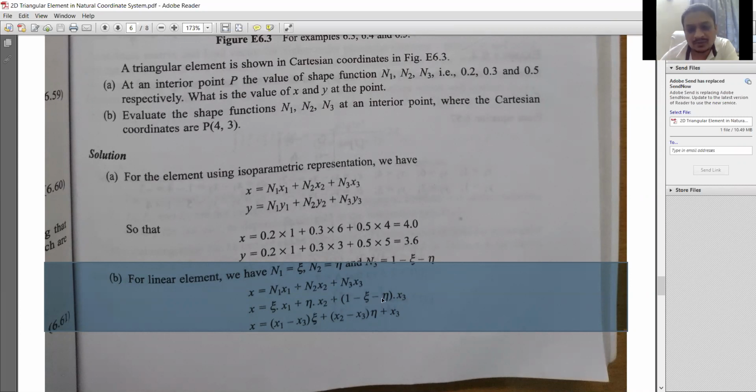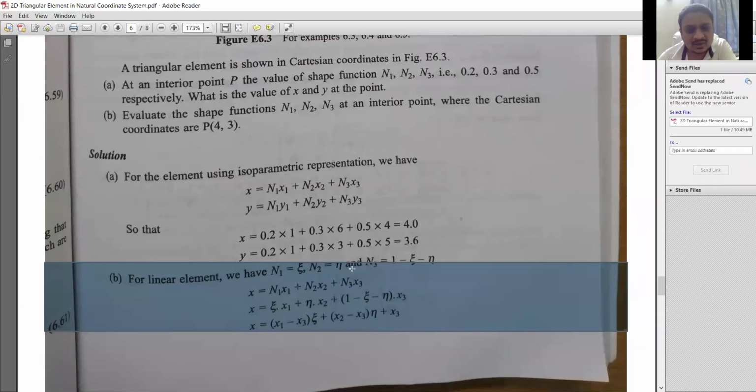I am substituting these and taking xi and eta outside as constants. Here xi is common to x1 and x3, so taking it out, we have x as x1 minus x3 into xi plus x2 minus x3 into eta plus x3.